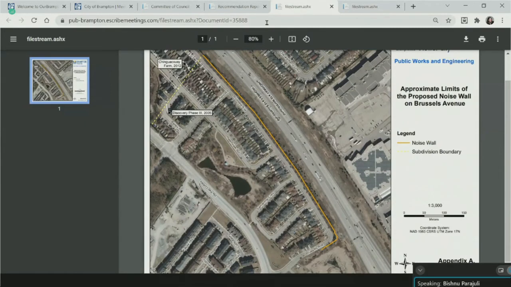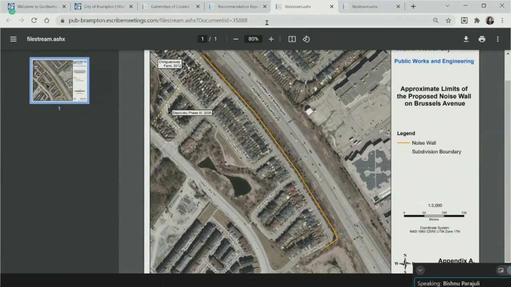So there are two main issues that were not captured at that time. As a result, the noise level which is there is beyond the 60 dBA cutoff point for warranting a noise wall. So this report recommends a noise wall there. It recommends to include some budget for 2022, which is about a $2 million estimate.